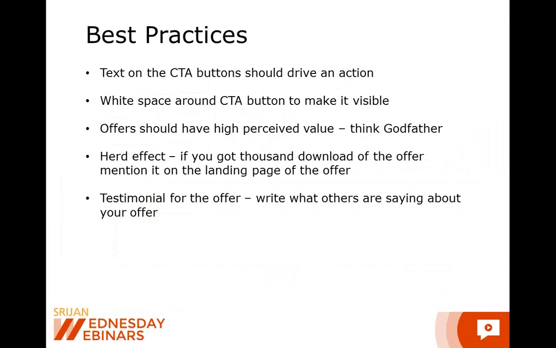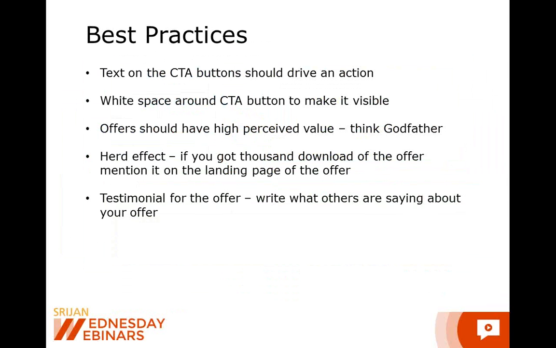Then in the offer, it has been seen that if you show a person that, let's say, for a particular offer of a particular white paper or whatever research you're sharing with the potential visitor, it has been downloaded by 1,000 people, then mention that there. Why?